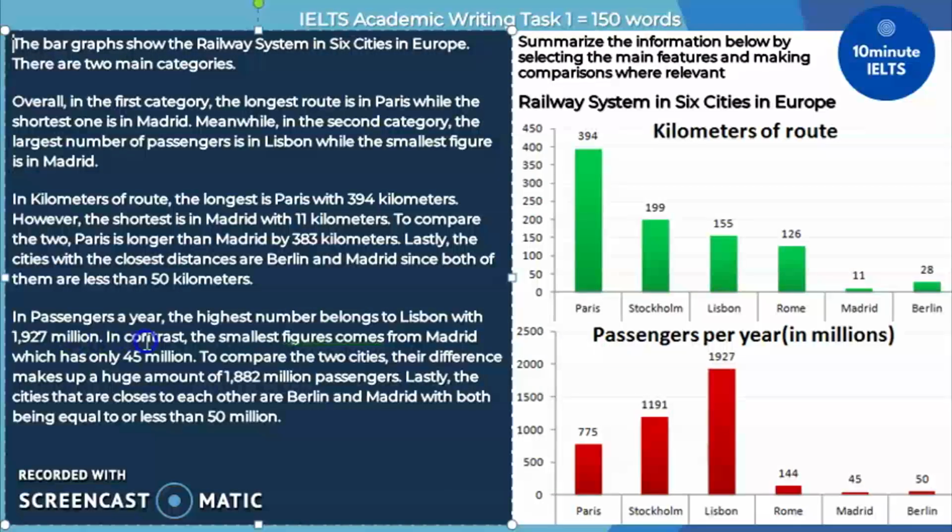In contrast, the smallest figure comes from Madrid, which has only 45 million. To compare the two cities, their difference makes up a huge amount of 1,882 million passengers. Lastly, the cities that are closest to each other are Berlin and Madrid, with both being equal to or less than 50 million.